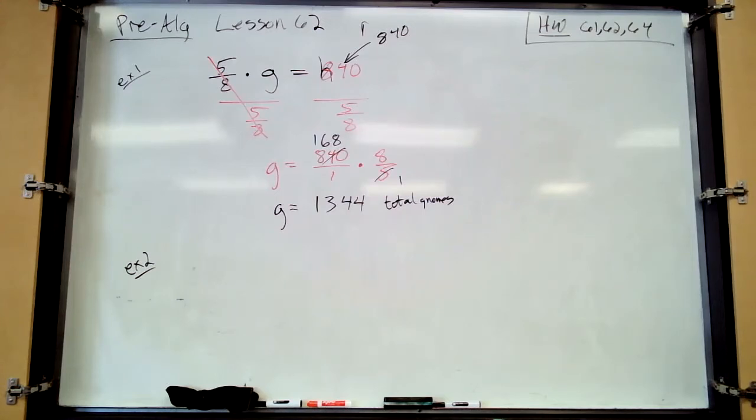So I have to apply this: 2 and 4 fifths, that's 14 fifths. Good job. But you're dividing by 14 fifths. You flipped the wrong thing. That's what I meant the first time. Okay, good.